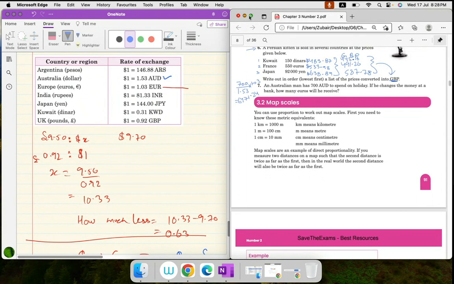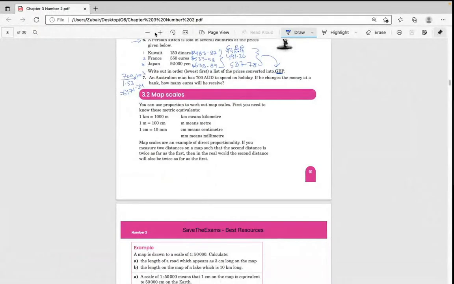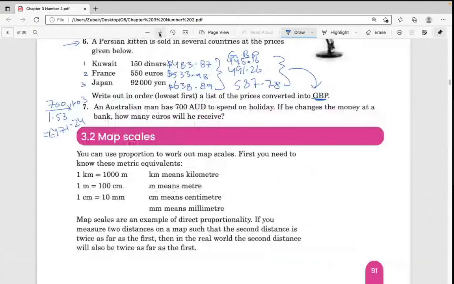Okay. Let's see what the next concept is. Map scales. You would have seen Google Maps. When you zoom in max, you see that this is represented in 1 inch, but the actual one is maybe 95 feet.